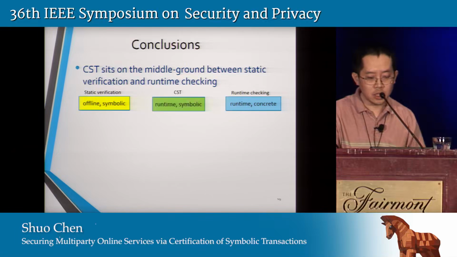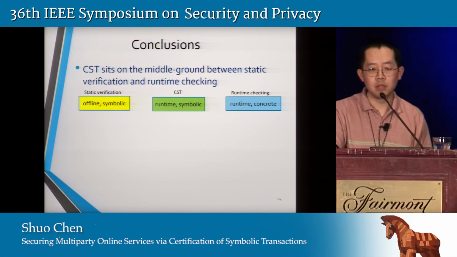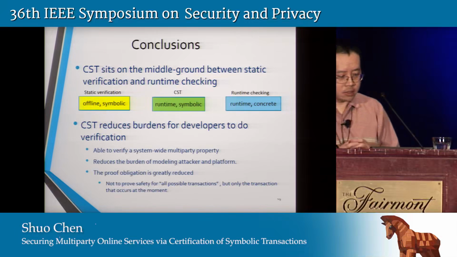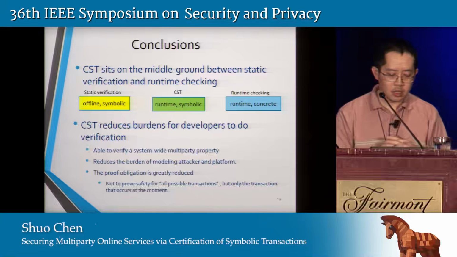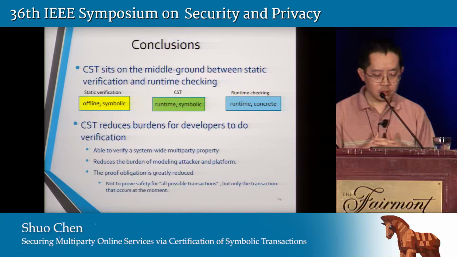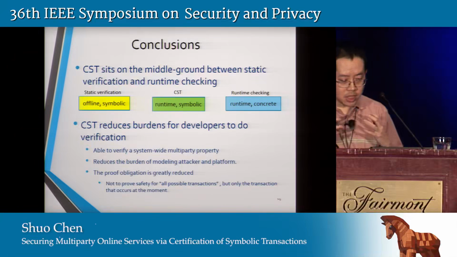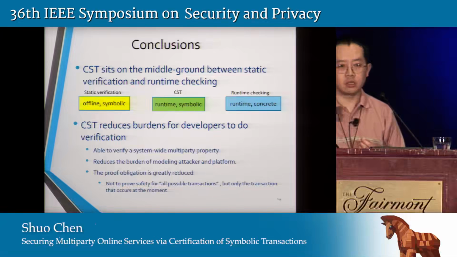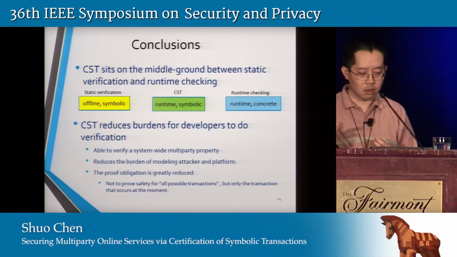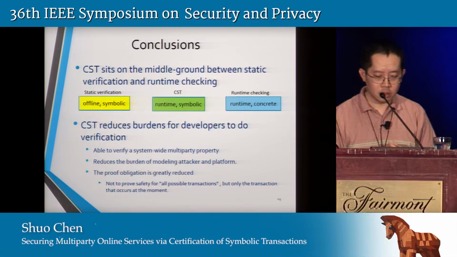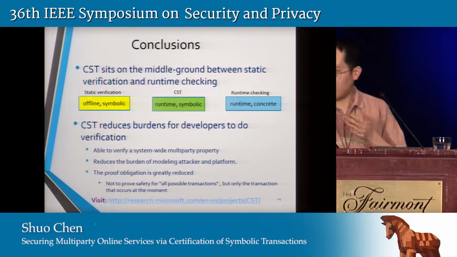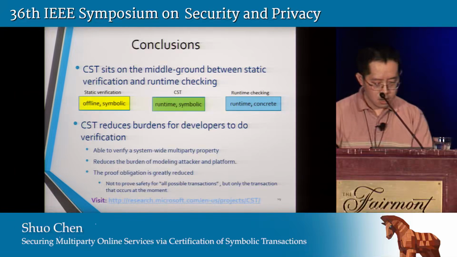In fact, it is doing symbolic checking at runtime. And CST reduces burdens for developers because it is able to verify a system-wide multi-party property. It reduces the burden of modeling, and CST's proof obligation is not about all possible transactions. It is only about the transaction at the moment. So please visit our webpage, and I'm happy to take questions.